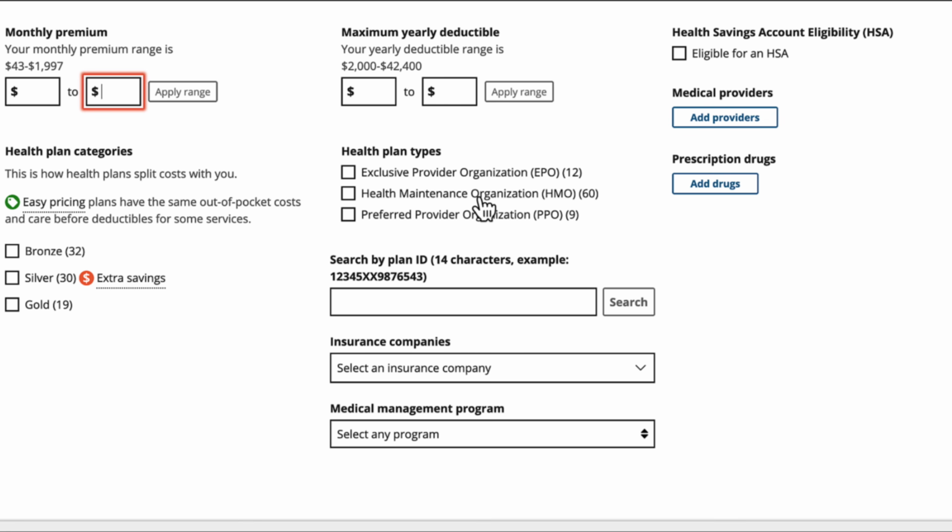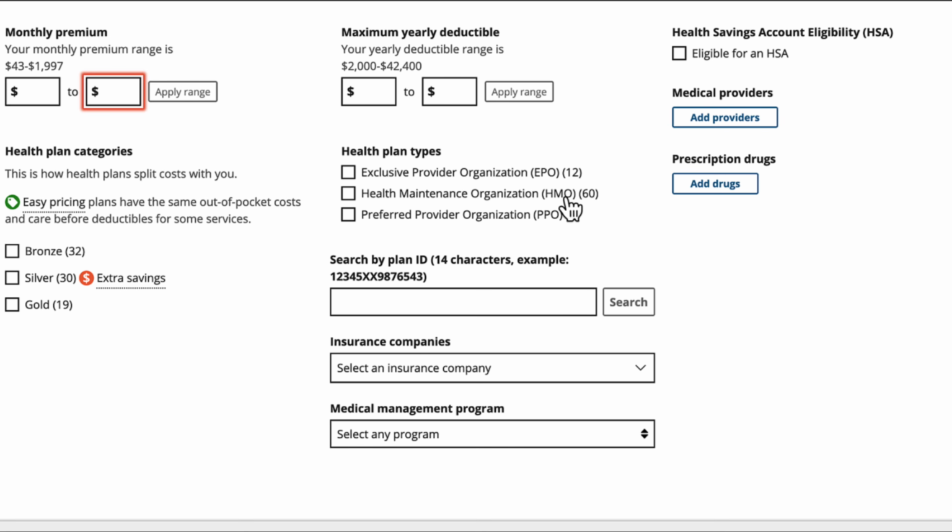Maximum yearly deductible, you can filter by that. Health plan types. This is important. EPOs, HMOs, and PPOs. If you are someone who sees a specialist who is going to be out of network, doesn't accept many plans, you need a PPO. If you're someone who travels nationwide and you need access to nationwide coverage, you need a PPO.